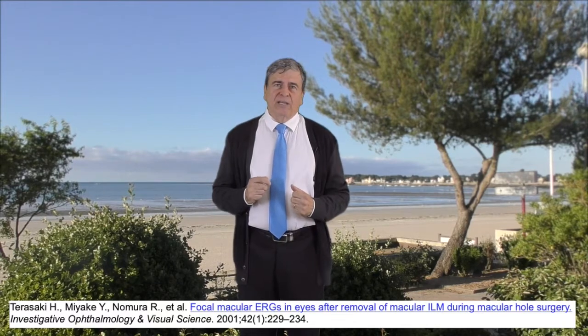The first reason is that it is proved that ILM peeling causes electrical alteration of the retina, with lesions visible in the multifocal ERG. But that is precisely why it works, because it creates a microtrauma.